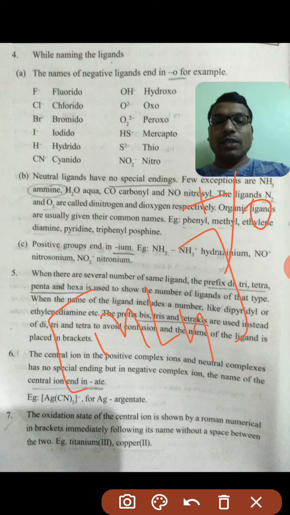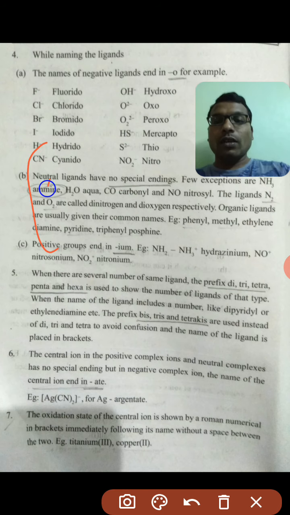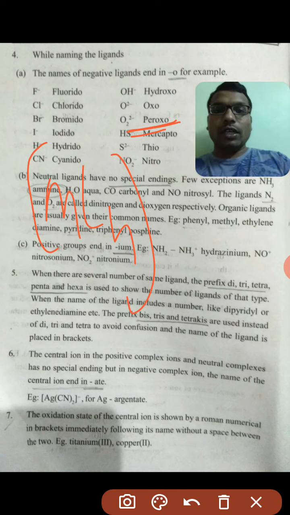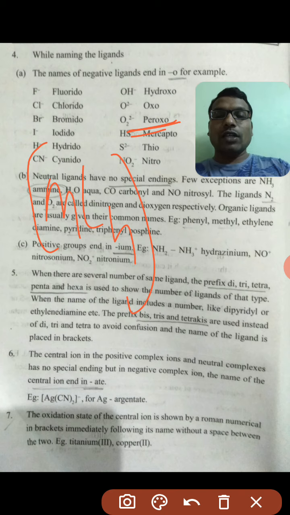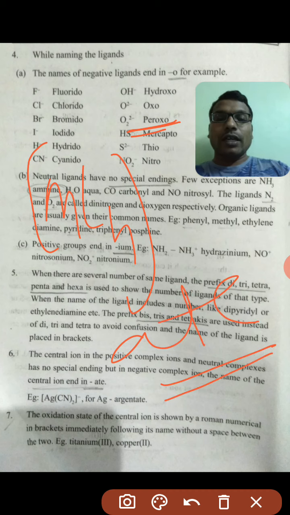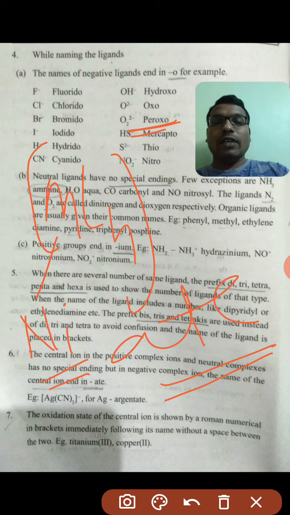But suppose ML_n is present in a negative complex. What will happen? The central ion always ends in ate. Suppose I take nickel as the metal.